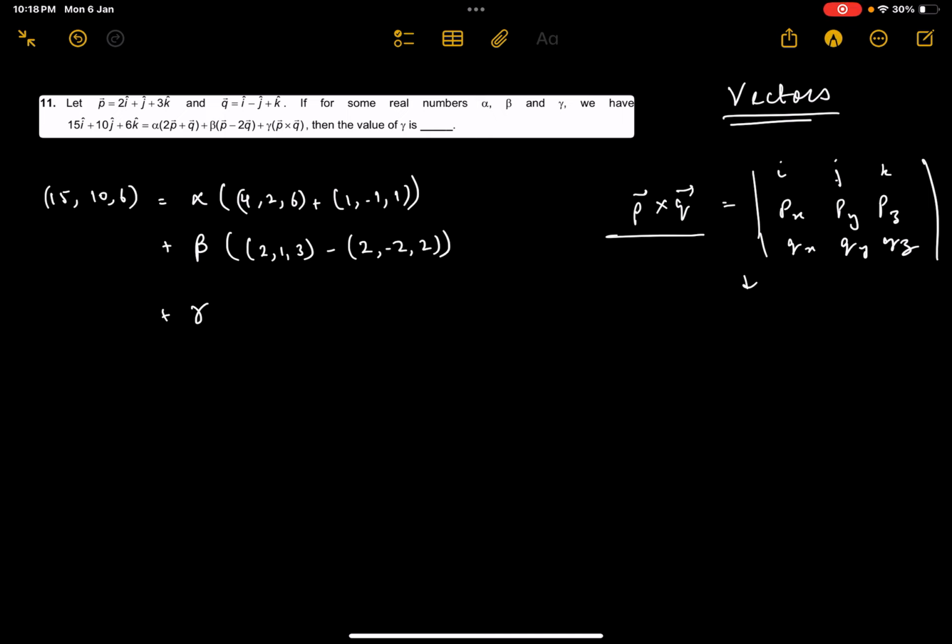Let's quickly find P vector cross Q vector. It becomes i, j, k, 2 1 3, and 1 minus 1 1.